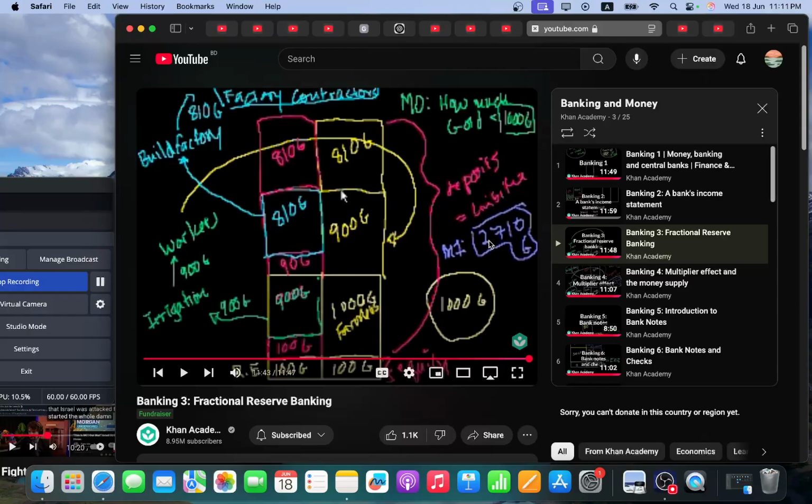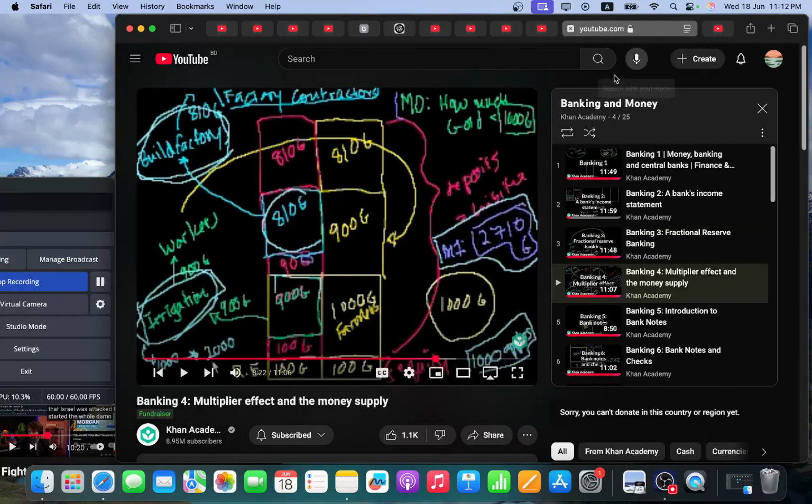We can create a system where 2710 coins are in effect utilized. And in video 4 they go through that, and it's a multiplier effect, by the way. From this to this is a multiplier effect.